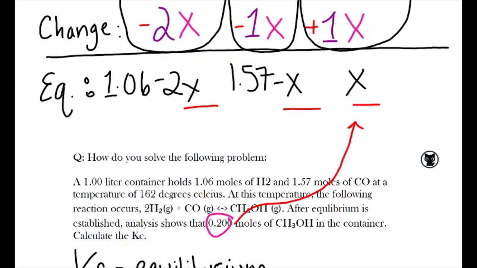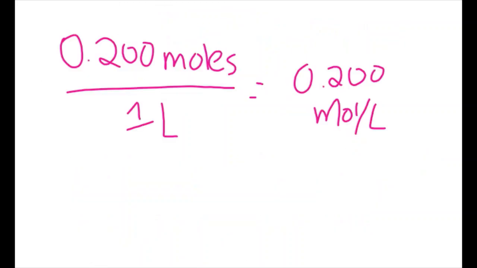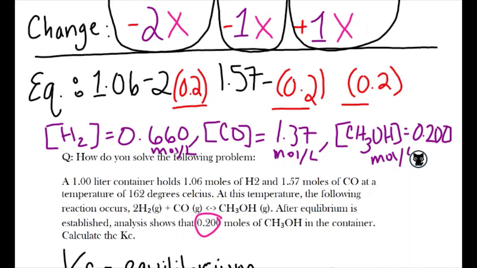This is our equilibrium of CH3OH, which is the same thing as X. Remembering that our 0.200 moles of CH3OH are not expressed as a concentration, we must divide it by the volume of 1.0 liters, which will get us 0.200 moles per liter. So if we plug in 0.2 for X in the equilibrium line, we get the concentration of H2 at equilibrium to be 0.66, the concentration of CO to be 1.37, and the concentration of CH3OH to be the same 0.200.